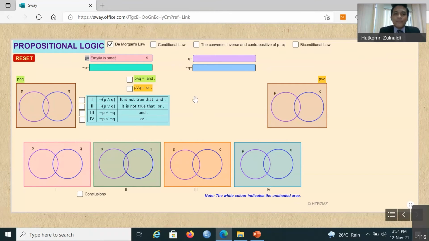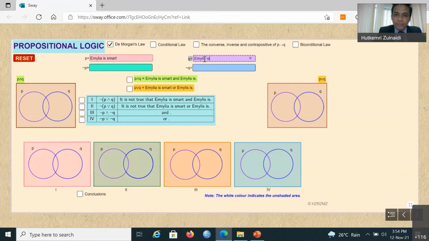You can look at the changes below. For Q, we put in another situation: "Emilia is hardworking."